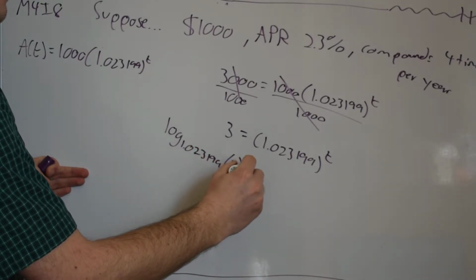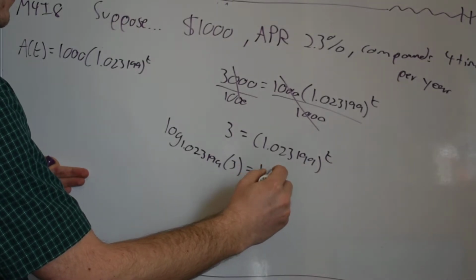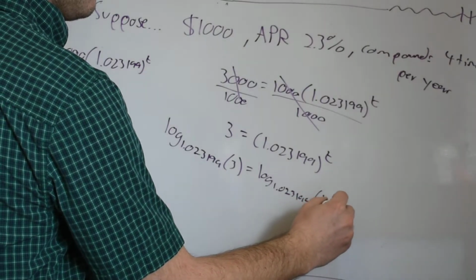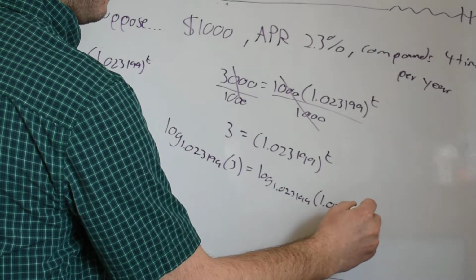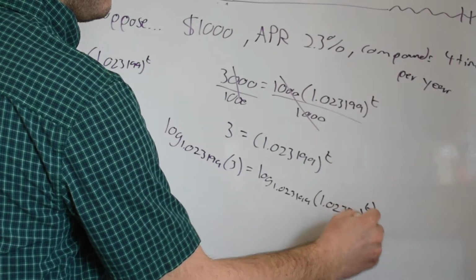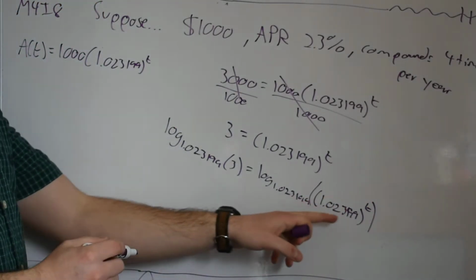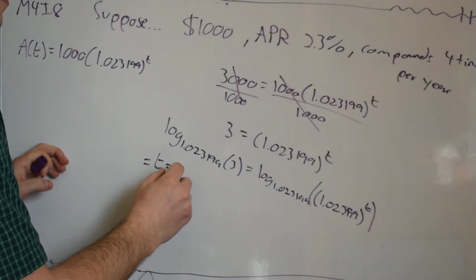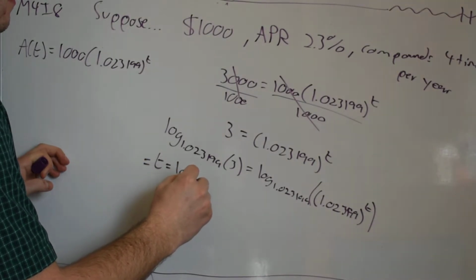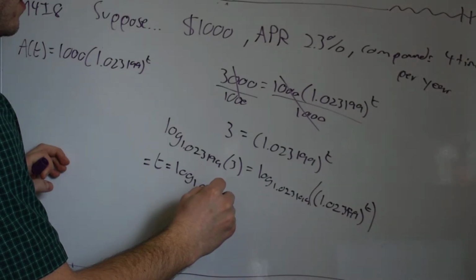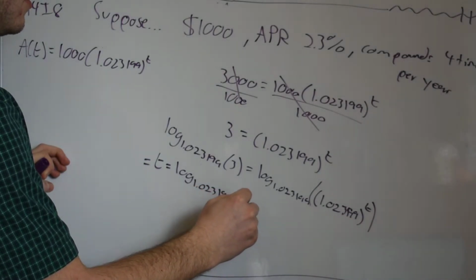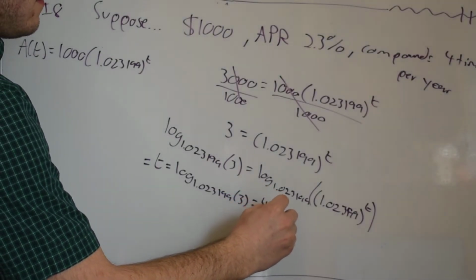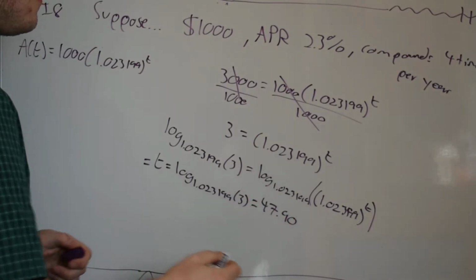and we can take the logarithm of both sides and it will undo this exponent, and we have t by itself, which when you figure this out and you actually calculate this, this is about 47.90.